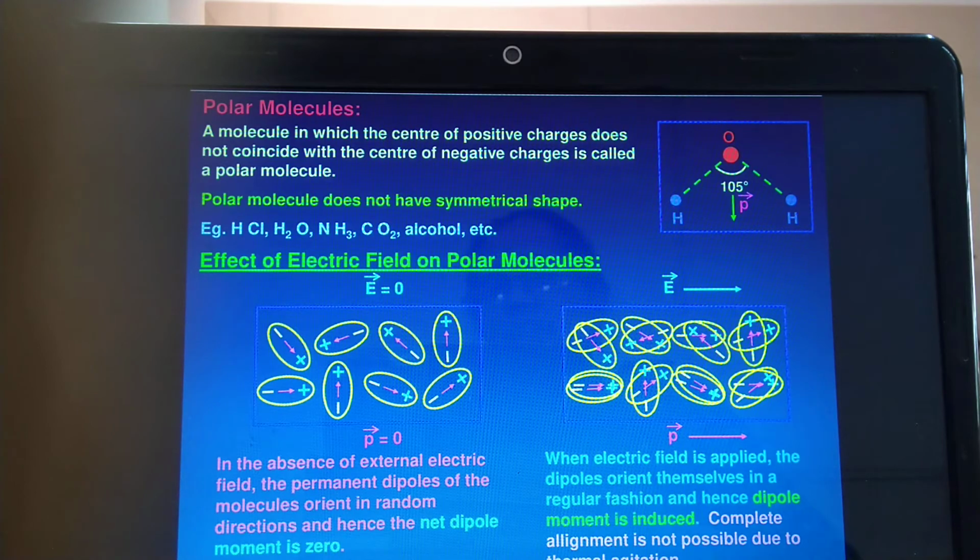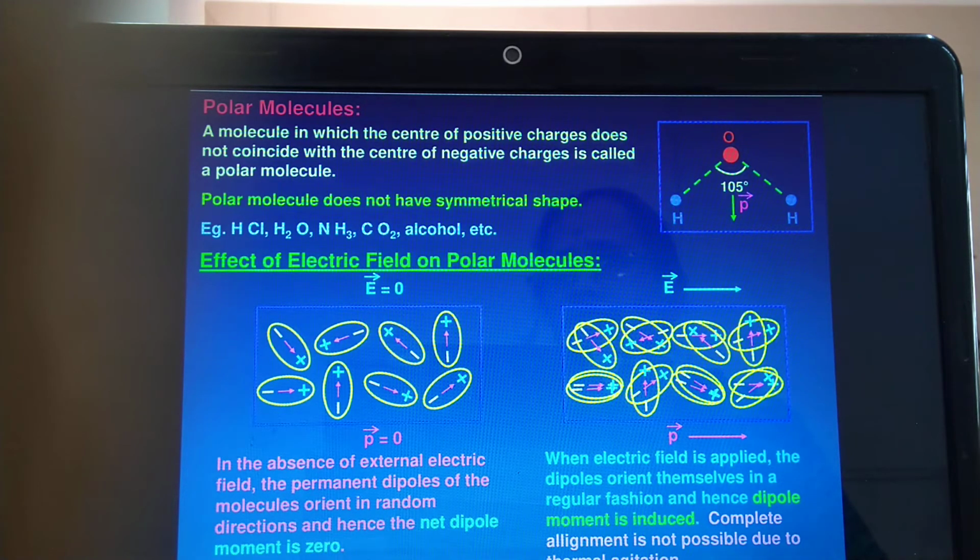Now, dielectrics are of two types. One is the polar type of dielectric and the other is the non-polar type of dielectric. Of these, we are going to consider first the polar type of dielectric. Now what are these polar molecules?